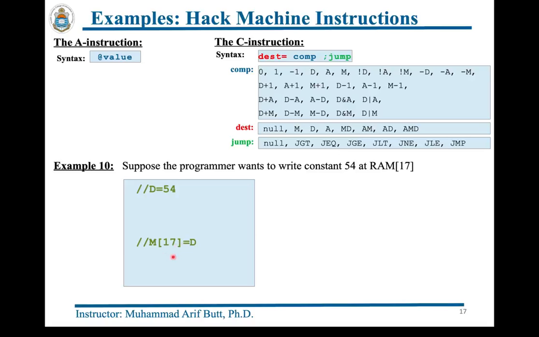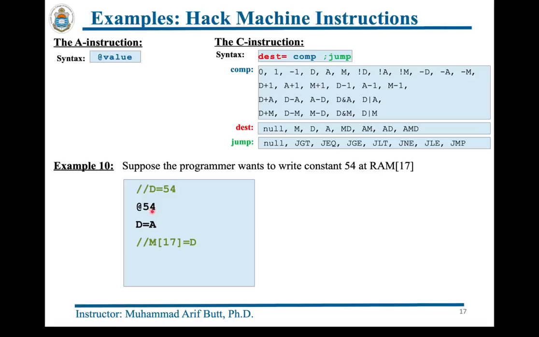So again pause this video and try writing the A and the C instruction that can perform this task, and the A and the C instruction that can perform this part. Meanwhile I am moving ahead. First of all, D is equal to 54. This can be performed using these two instructions.